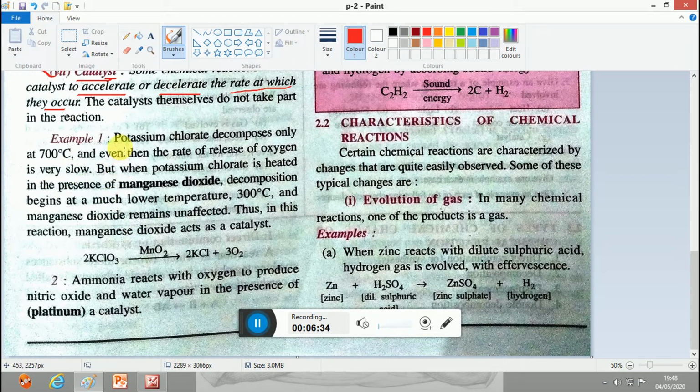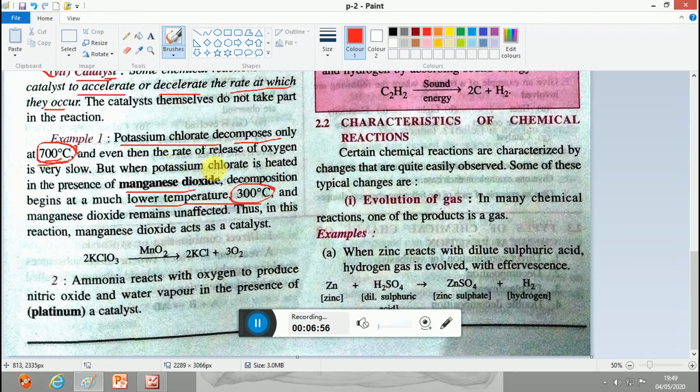For example, potassium chlorate decomposes only at 700 degrees centigrade, but in presence of manganese dioxide, a lower temperature is required. So the temperature without manganese dioxide is 700 degrees centigrade, with manganese dioxide 300 degrees centigrade.